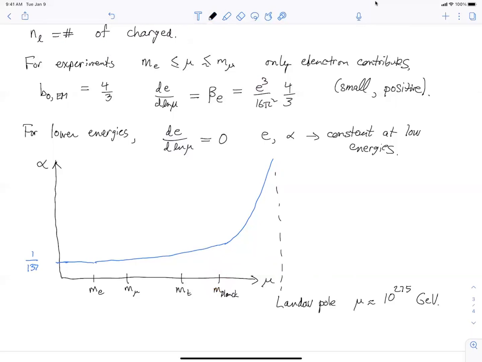And so basically what's going on is this fine structure constant is running, but very slowly, and that's why we can often treat it as just approximated by 1/137. Okay, any questions on that?